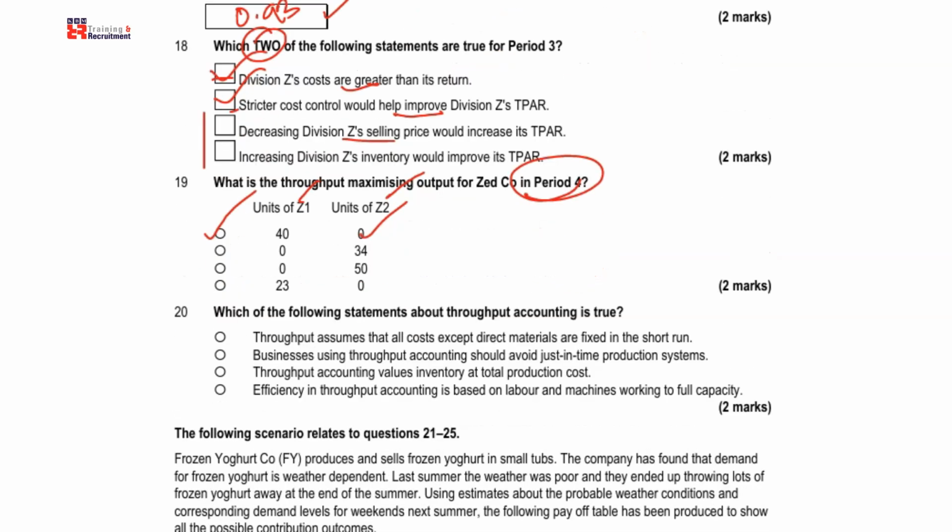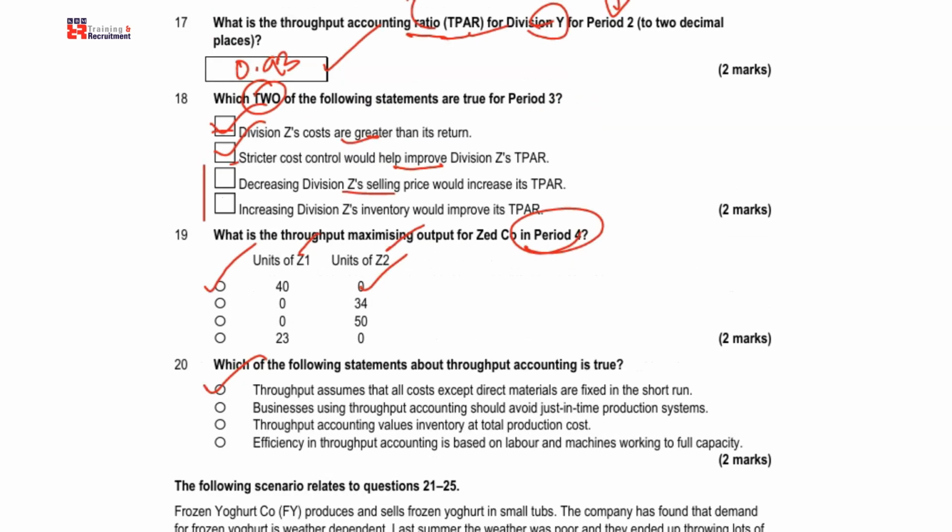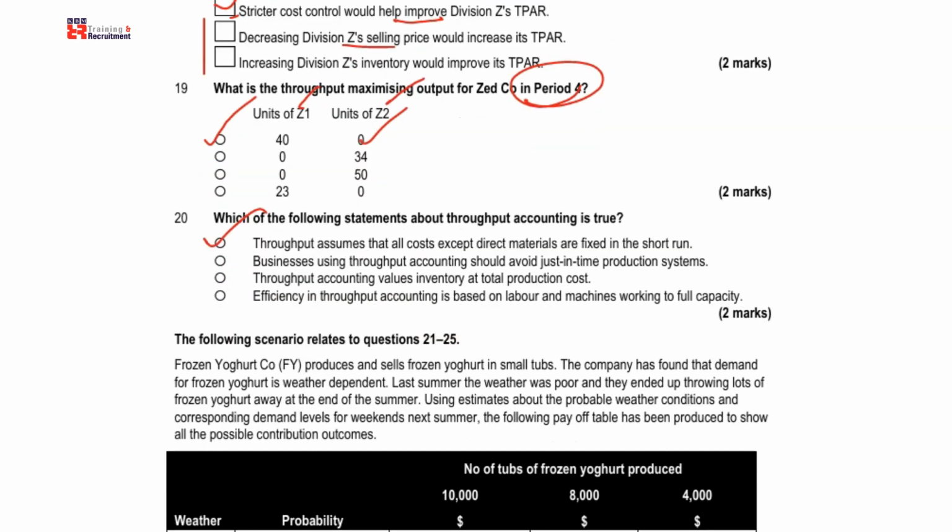Number 20. Which of the following statements about throughput accounting is true? Throughput assumes that all costs except direct material are fixed. Yeah, that's correct. And this is the only such option given, so that is correct straight away. We shouldn't waste time, but we can read the others. Business using throughput accounting should avoid JIT system. No, it shouldn't. You carry on with the just-in-time system. Throughput accounting values inventory at total production cost?